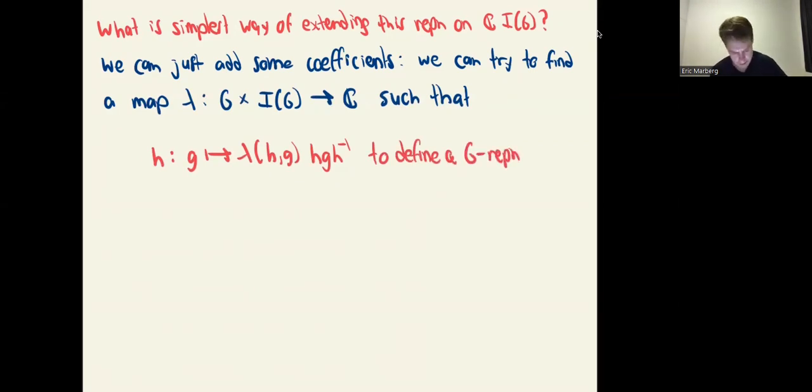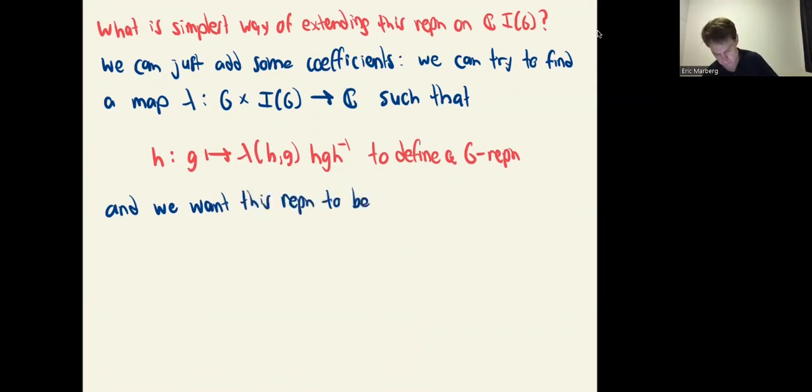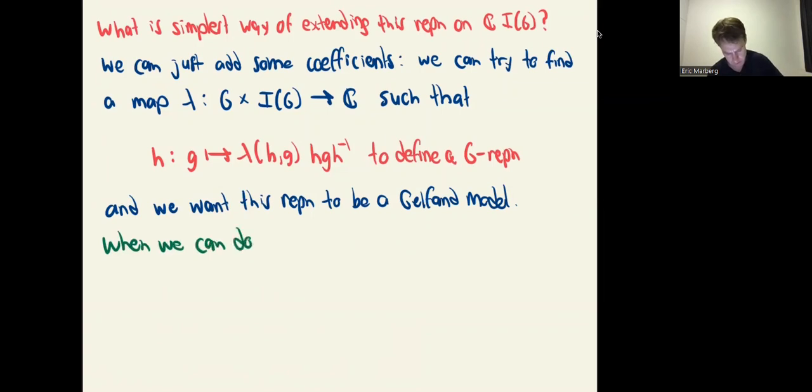And we want this representation to be a Gelfand model. And when we can do this, we say that G has an involution model.